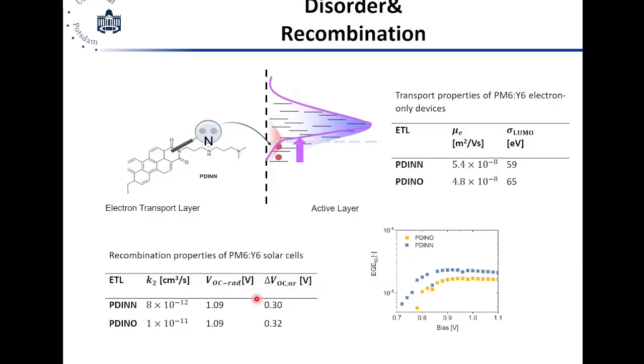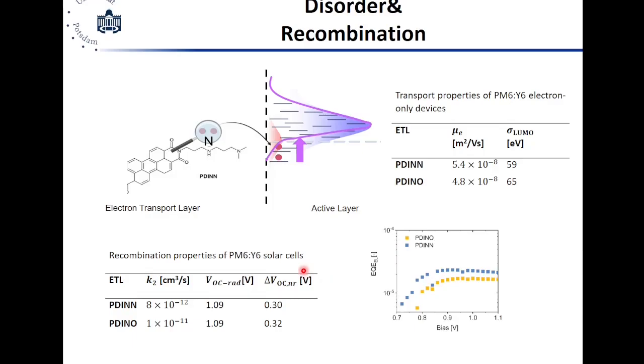Calculating the non-radiative VOC loss from the external electroluminescence quantum efficiency, we again saw suppressed losses for PM6Y6 with PDNN. The non-radiative losses have a direct correlation with the static disorder.